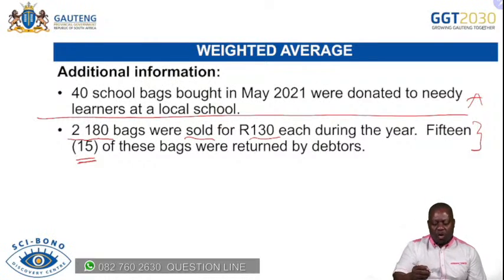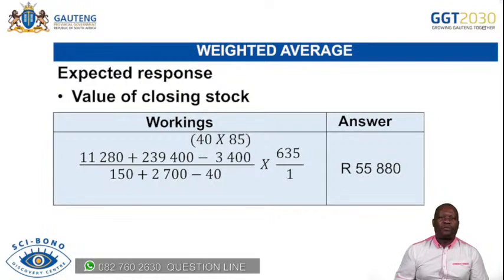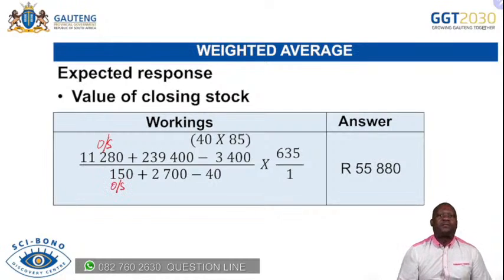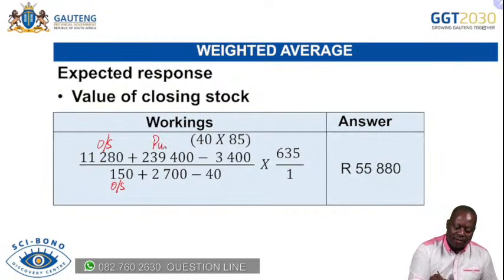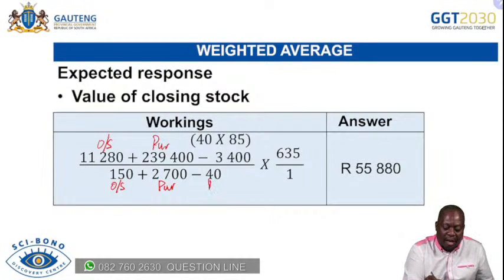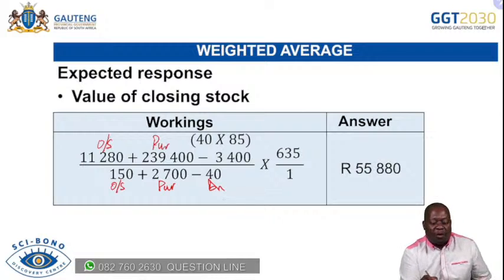Now let's go to how we make the calculation. It's going to be simple. Opening stock, remember, this is opening stock value and this is opening stock units. Plus our purchases, value and units. Minus our donation, number of units.